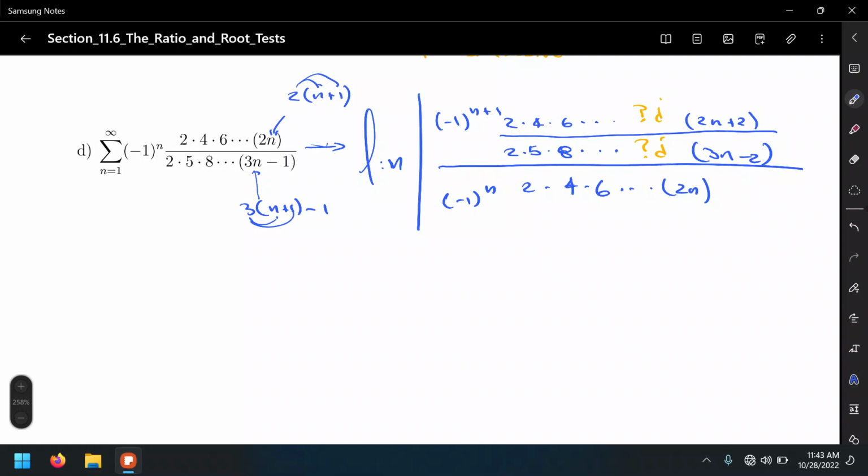That's what I meant, but not what I wrote. Thank you. And that's 2, 5, 8, dot dot dot, 3n minus 1. Yes, this looks like madness, but at least we can get rid of the alternating factors. Well, that's something.